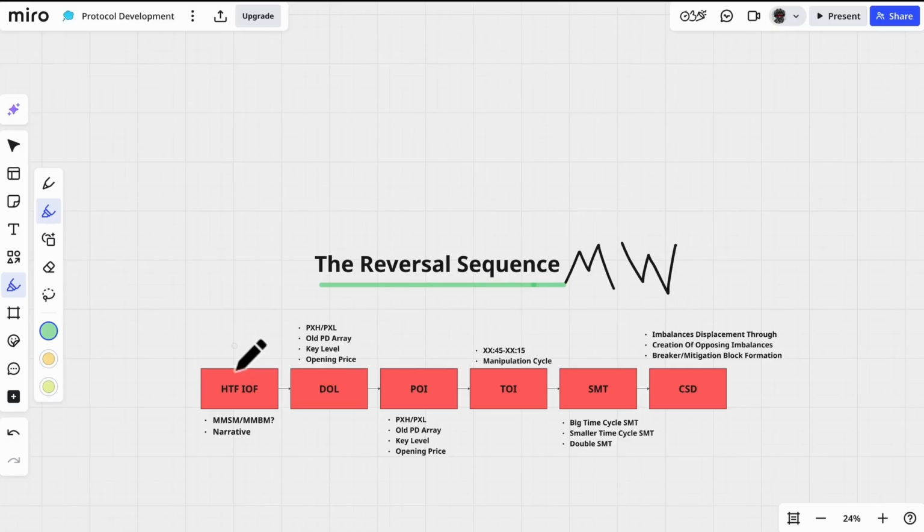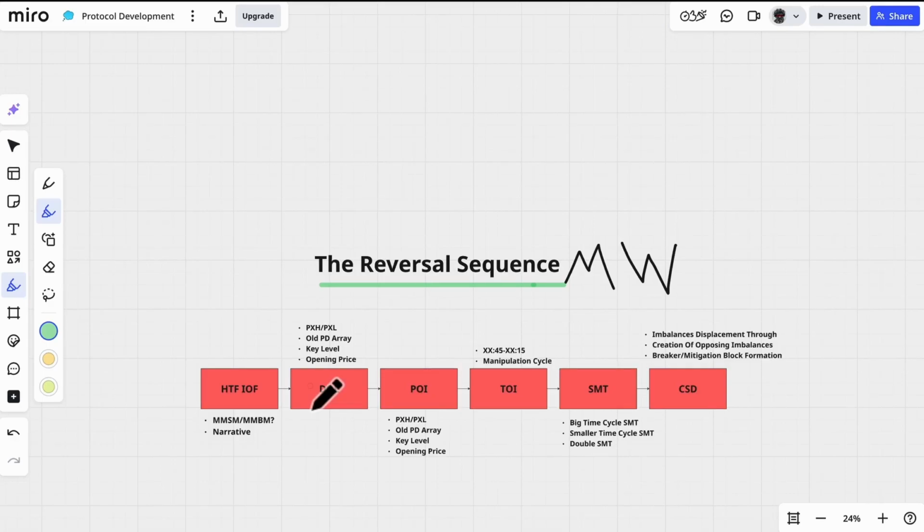And when it comes to draw on liquidity selection, it's important to note that there are multiple draws on liquidity, but you move from the bigger draw on liquidity to the smaller draw on liquidity. Meaning, once you have defined, for example, that the higher time frame institutional order flow is bullish, you're going to be looking for a draw on liquidity above market price for the upcoming month, if not weeks or days.